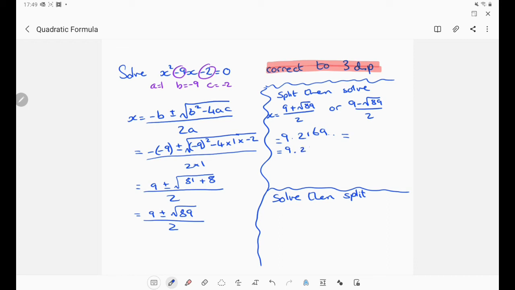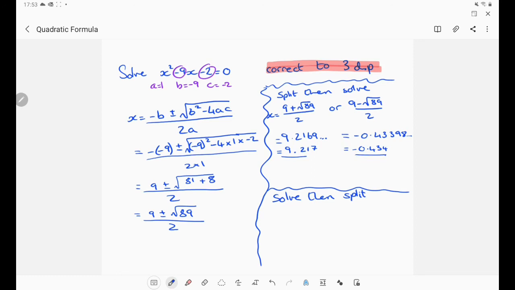So that is going to be 2.17. And the second one's answer is minus 0.43398... And the same is true here, that we are only doing it to 3 decimal places. So we have to round to 434. So those are your two roots. You are done. You've got x and x.